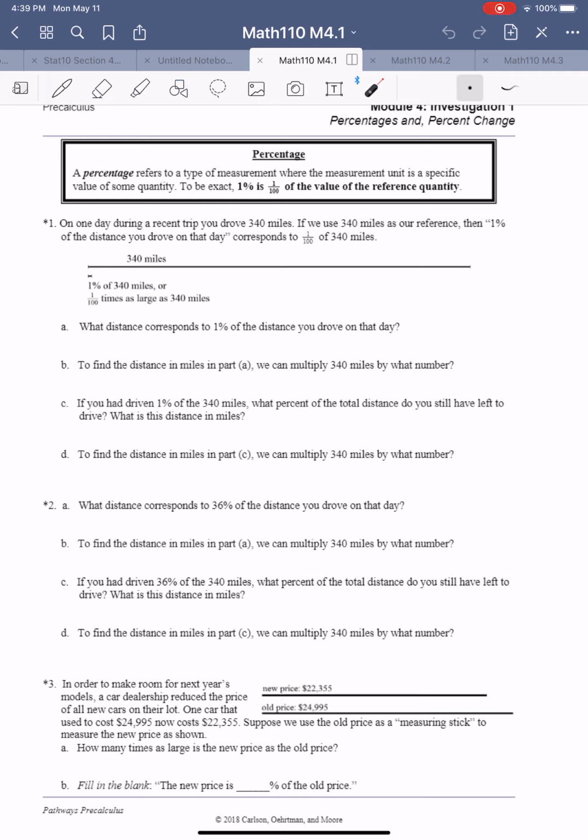So what distance corresponds to 1% of the distance you drove that day? It's 1% of the 340 miles, which is the same as 1/100 times 340, which is 3.4 miles.